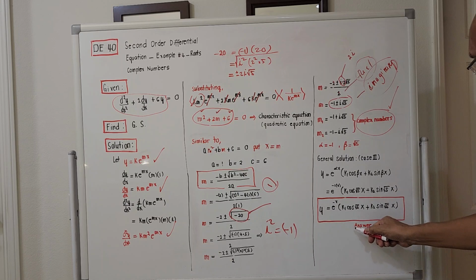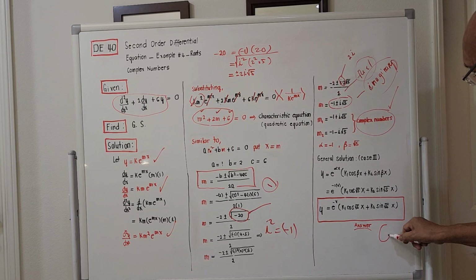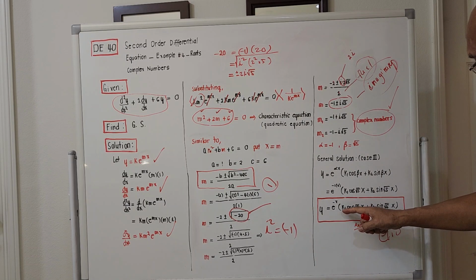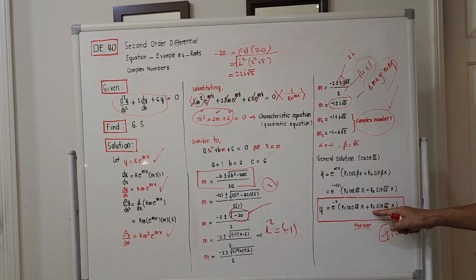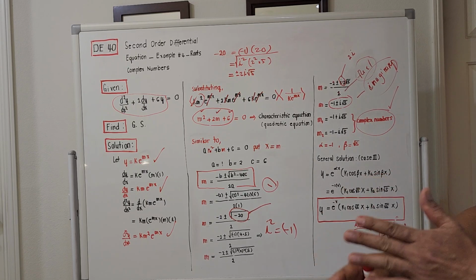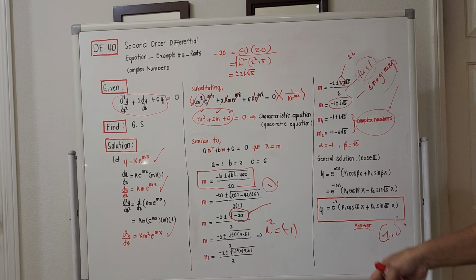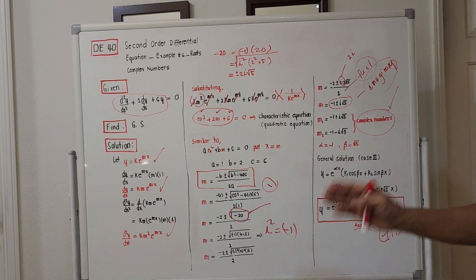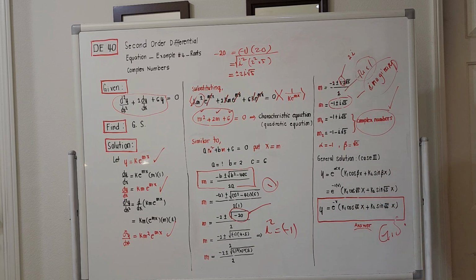That's our final answer. And that is termed the general solution. Why general solution? Because for the meantime, we do not know the value of K1 and K2, and since we do not know it, the resulting answer is actually a general solution. It's not a particular solution. Oh, that's it, guys.